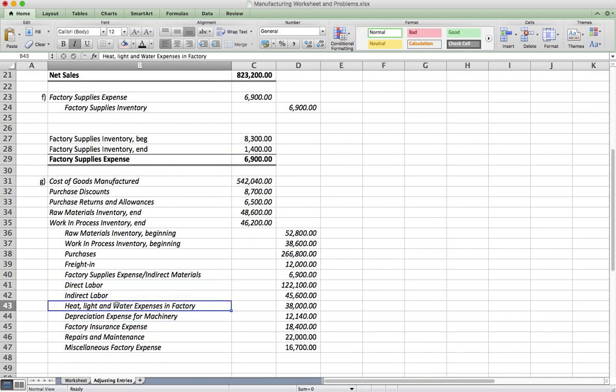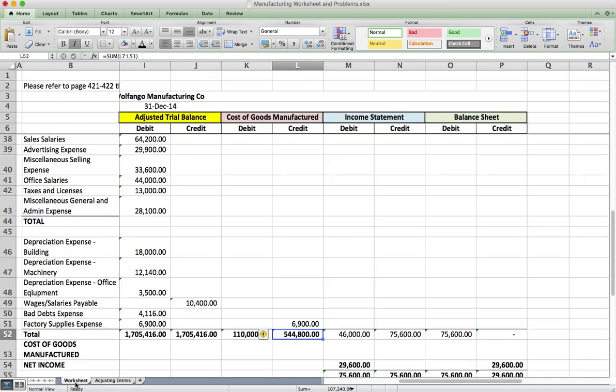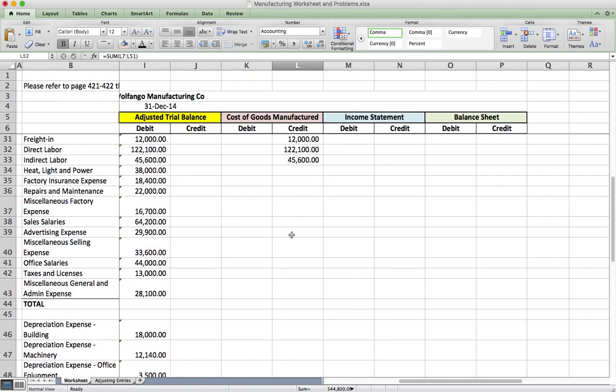Yung mga factory overhead expenses. Heat and light, credit, kasi debit sila. Factory supply, insurance expense, repairs and maintenance, and then miscellaneous factory expense.